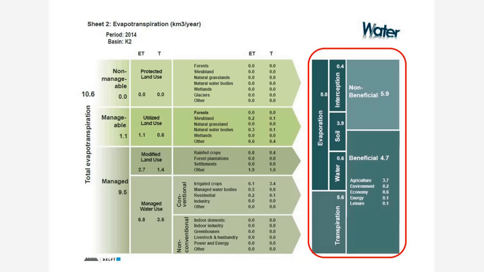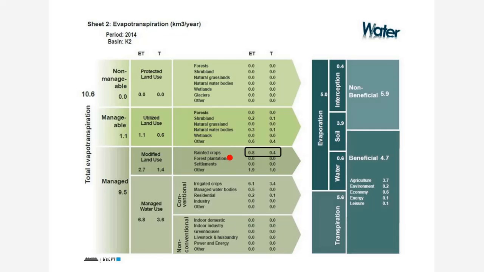For every category in the code, so for every land use type, you have a map. You have spatially distributed maps of ET and transpiration and other components. And then for every land use type, it calculates the total. So we know that in all the rain-fed crops, you have 0.8 cubic kilometer per year of ET and 0.4 of transpiration.